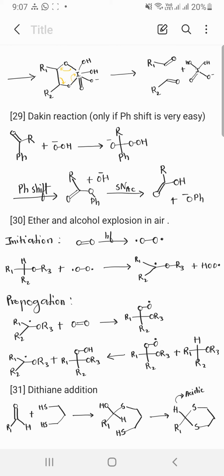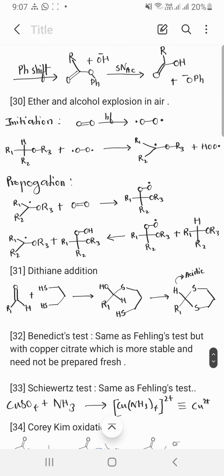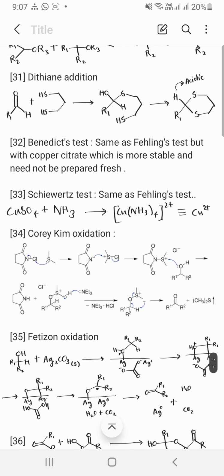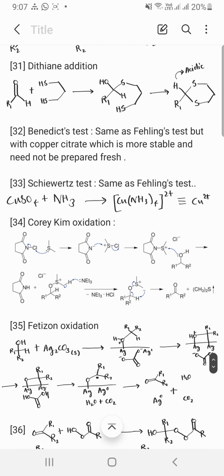Ether and alcohol explosion in air. Okay, not bad. Dehydration. That's Benedict's test. Okay, cool. Same as Fehling's test, but with copper citrate.